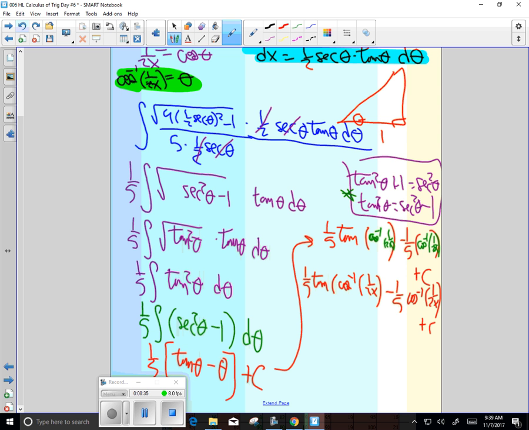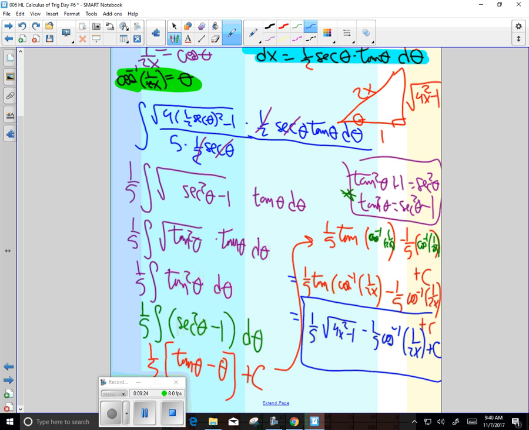Where does the 2x go? Hypotenuse. So you can see that this is the square root of 4x squared minus 1. So my final, at last, answer is 1/5 times the tangent, which is the square root of 4x squared minus 1 over 1, opposite over adjacent, minus 1/5 cosine inverse of 1/2x plus c. This is my final answer.